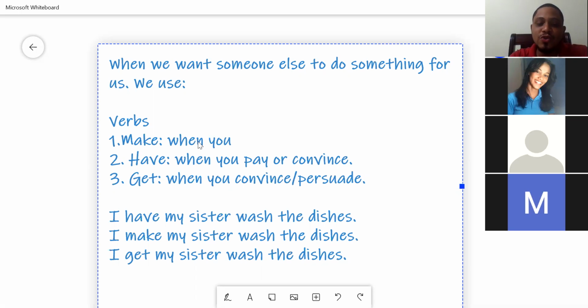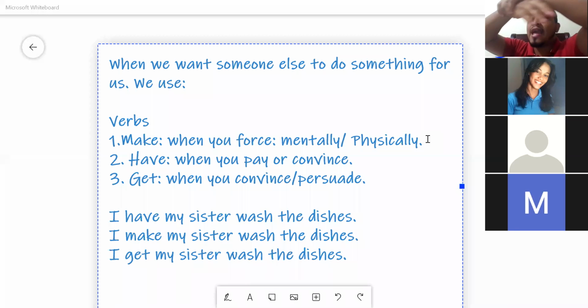Make is when you force. It could be mentally or it could be physically. Okay. So when you say that you make your sister wash the dishes, you know what you're saying? That means that you are physically forcing her. You can grab her by the hands and tell her, you wash the dishes, you know?